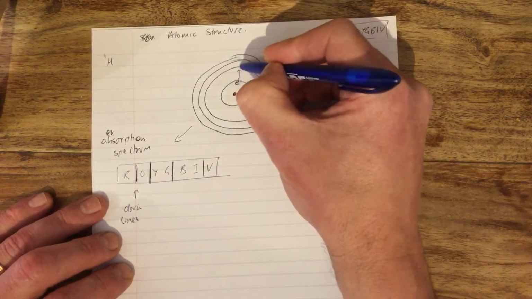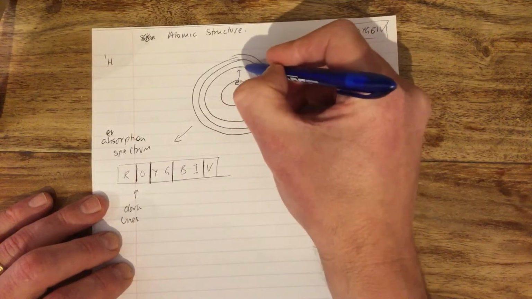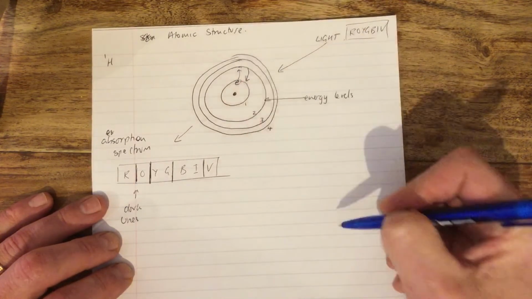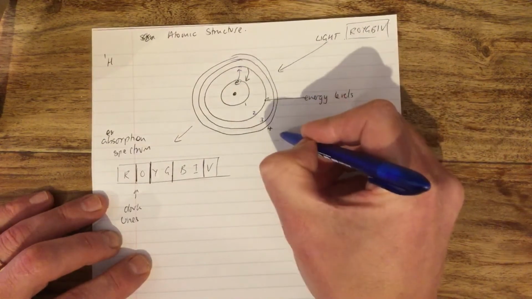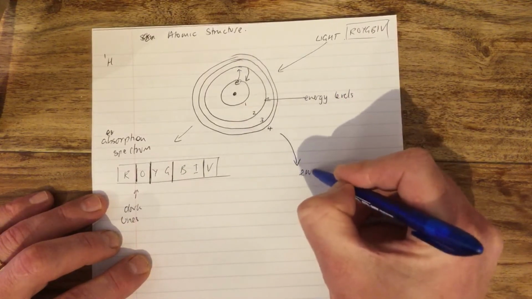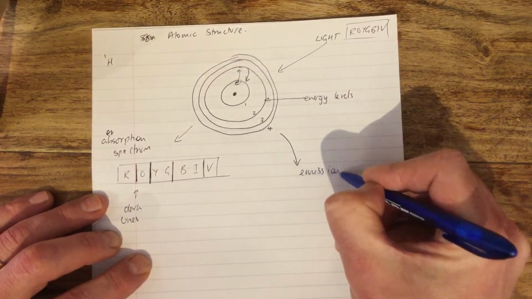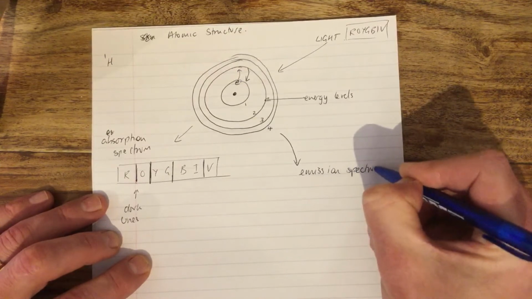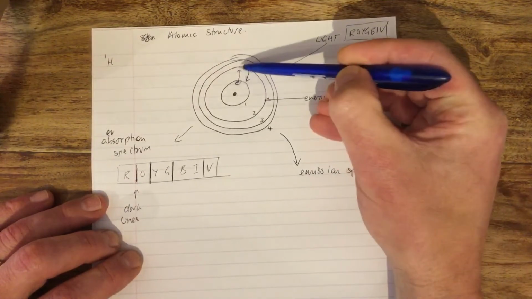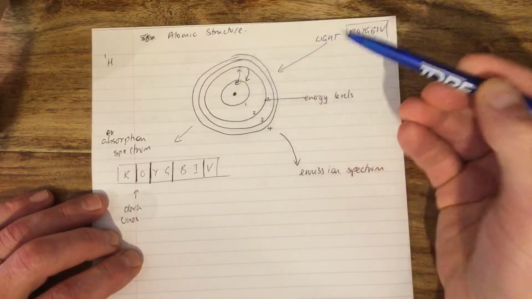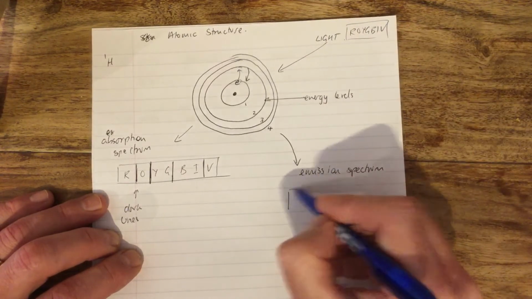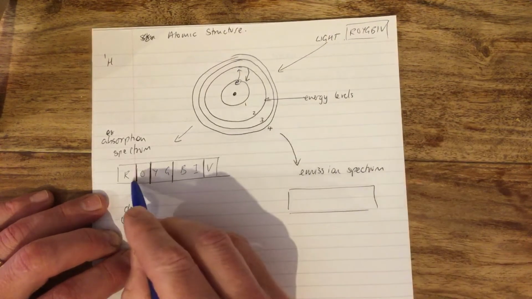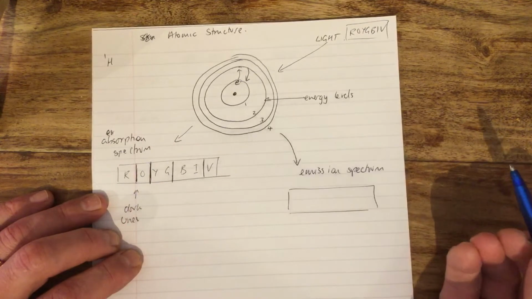Now once that electron is promoted, it then has to come back down again. That would be an emission spectrum. Now, no energy is lost between going up and coming down. We're talking about an elastic energy transfer. Your emission spectrum will not have the colours, will not have red, orange, yellow, green, blue, indigo, violet.